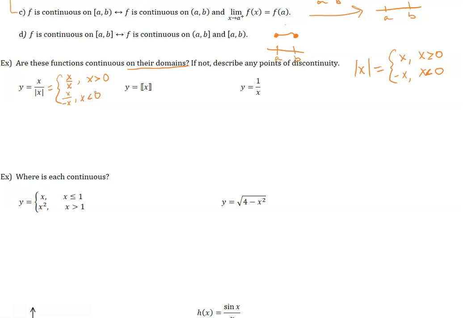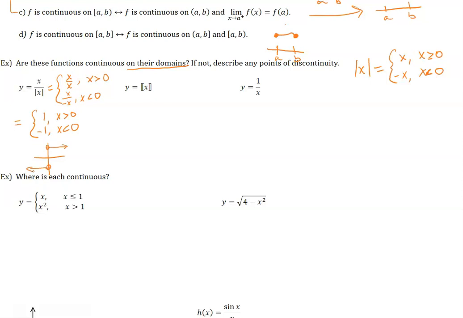Reducing that, we get 1 when x is positive, -1 when x is negative. If we want to think about what that graph looks like, we have something like this.